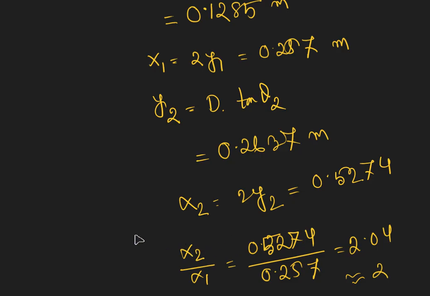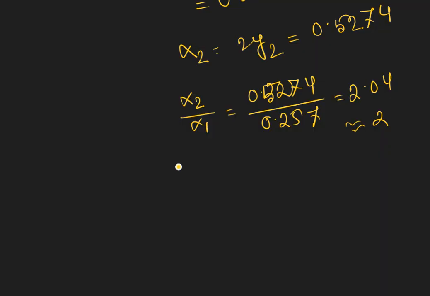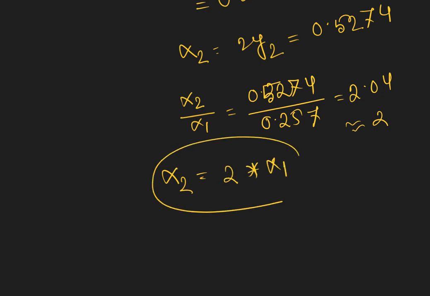So the question: x2 is equal to 2 of x1. It means the distance x1 is doubled to x2. So this is the justification or verification done. So this is the answer of number 2.